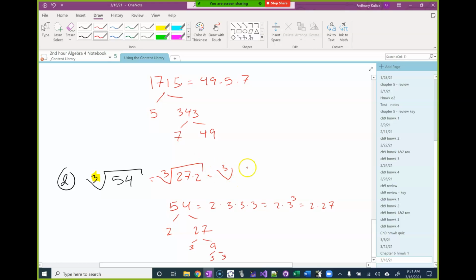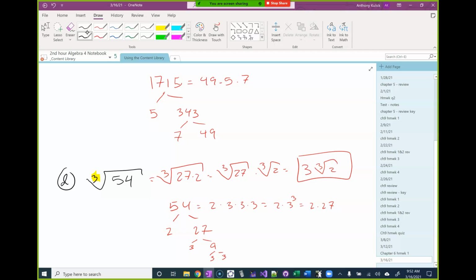Lily? Okay, so I'm confused between... Because I know that 27 is 3 cubed. Right? So 27 is a perfect cube, so the cube root is just 3.